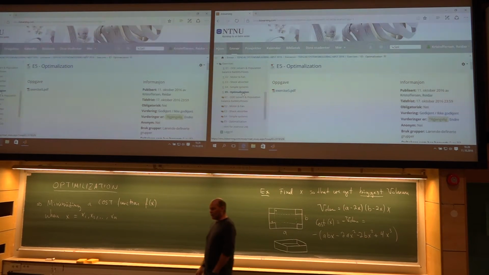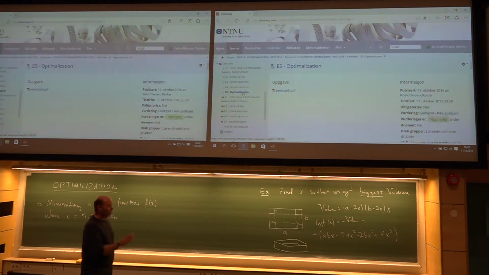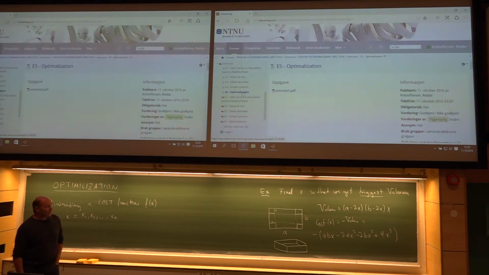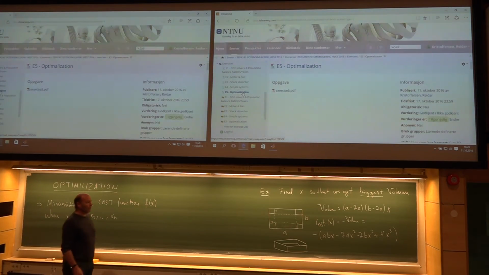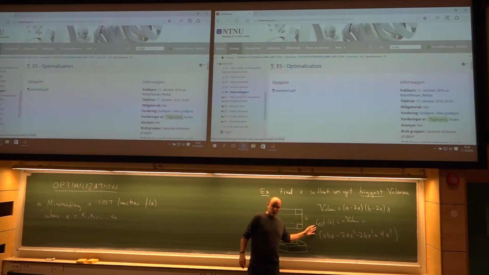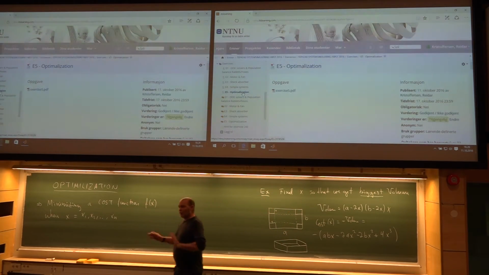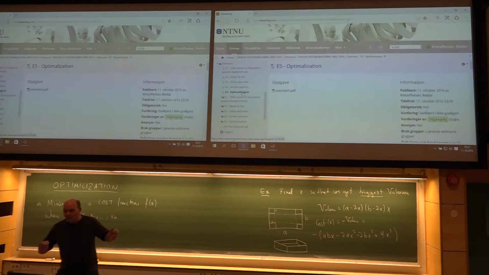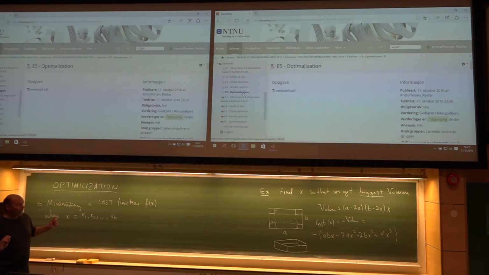So the optimization problem here: find the x that gives me the minimum cost function value, which then evidently is going to be the biggest volume. Everybody with me? Okay.